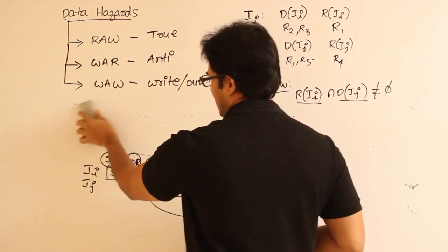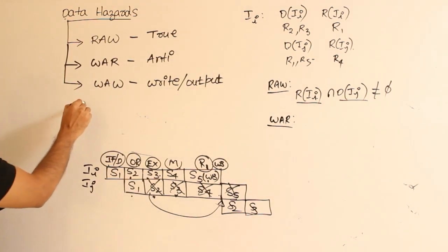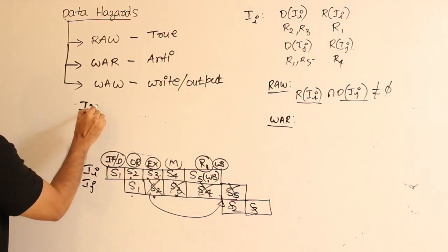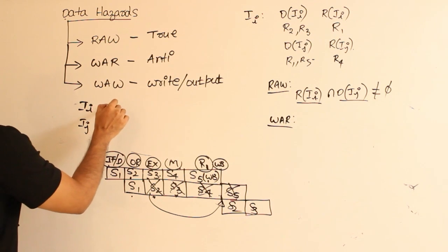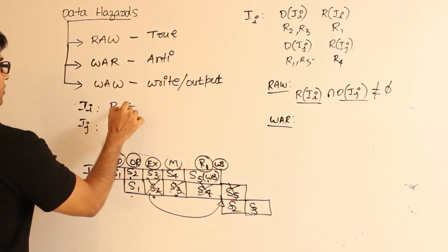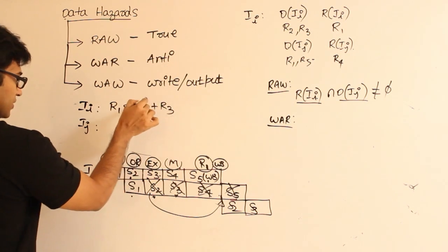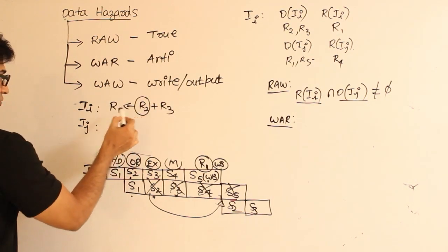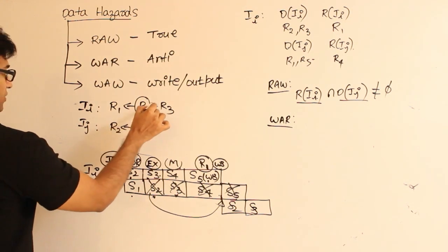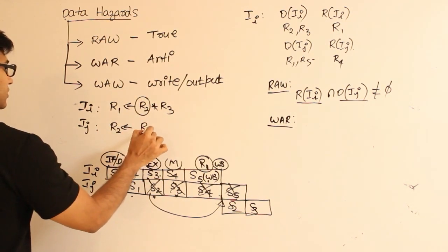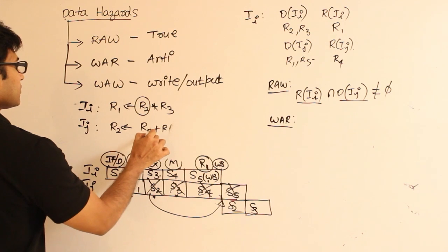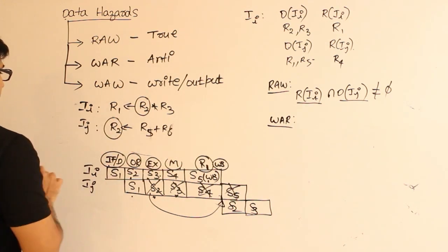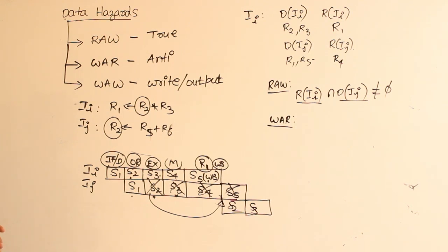If there are two instructions Ii and Ij, now assume that this instruction R1 = R2 + R3, this instruction is trying to read R2, and before it reads it, let us assume that the next instruction is trying to update it, R2 = R5 + R6, right? So then this will lead to write after read dependency. So how will it happen? Let us say assume that it happens.